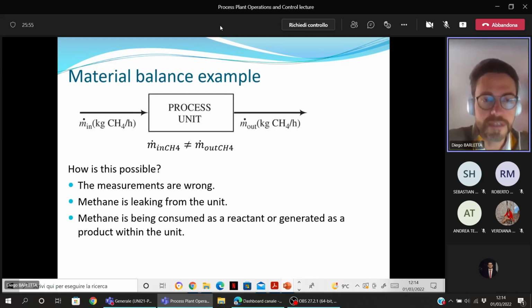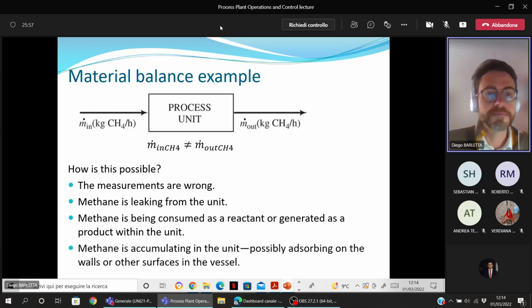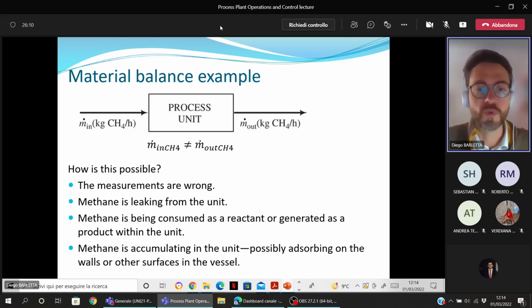So, okay, very good. And then methane is accumulating in the unit. For example, there are some possible absorbing surfaces. So the wall or something inside the vessel. The vessel is not empty, but there is, for example, a solid structure that is able to absorb the methane.